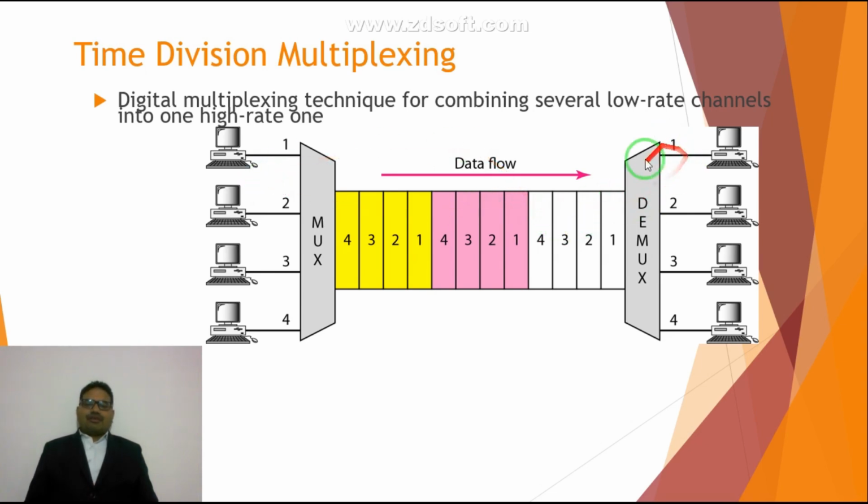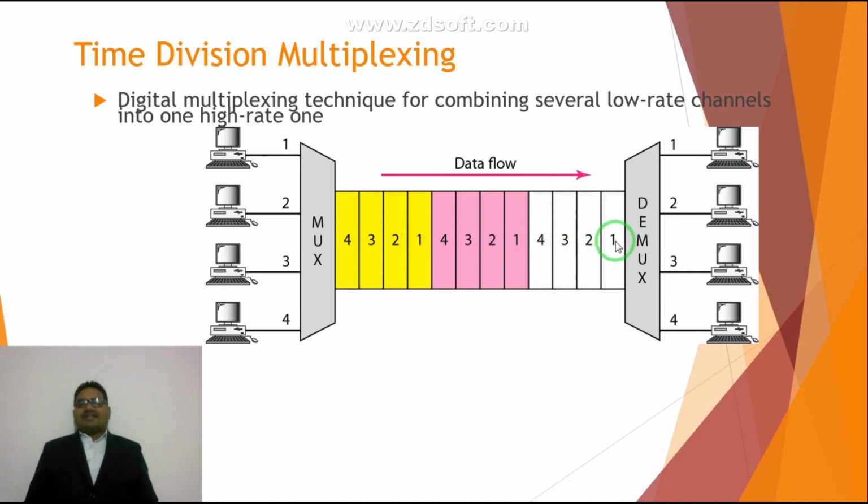You can see from the figure what we are going to do. This is frame 1, this is frame 2 and frame 3, and in each frame we are going to take the data from each source serially. First we take the data from source 1, then source 2, 3 and 4. So this complete cycle is over. So it is your frame 1.